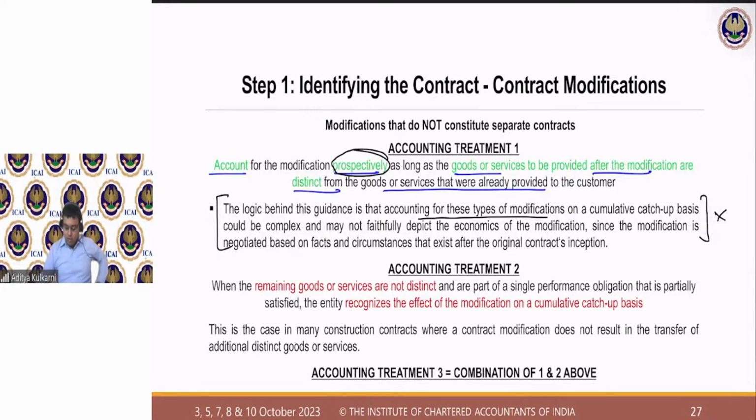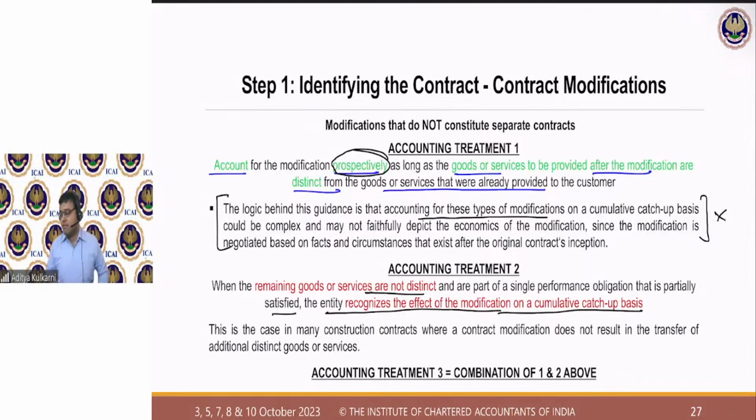When the remaining goods or services are not distinct and are part of a single performance obligation that is partially satisfied, the entity recognizes the effect of the modification on a cumulative catch-up basis. Okay. So if goods or services are distinct, do the accounting prospectively.